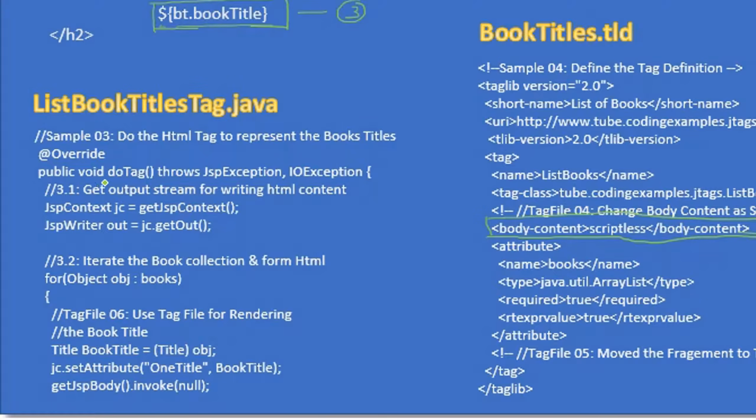So this is our doTag method inside the Java class, and inside the for loop is the books collection. It's available in the context itself, the JSP context, which is nothing but the array list of book bean titles pushed by the servlet.